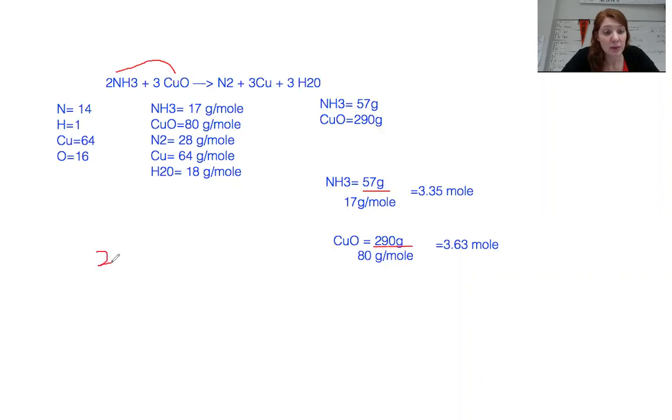So I'm going to go ahead and put that down here, 2 to 3. The 2 is talking about the ammonia, and the 3 is talking about the copper oxide. Apologize for my poor writing here.